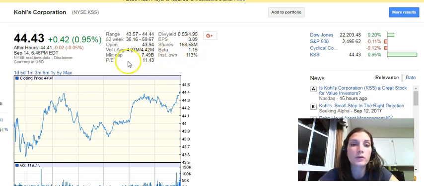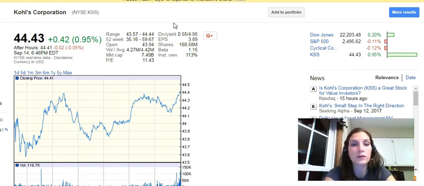Coming over here, I'm going to skip these two, you don't really need to know them for now. Dividends and yield. So dividends are a way that the company shares their profit with you throughout the year. Some companies give dividends and some companies do not. So if you're looking to have your stock kind of feed your income or supplement your income throughout the year, then dividends might be something that you look for in the stocks that you're going to invest in.